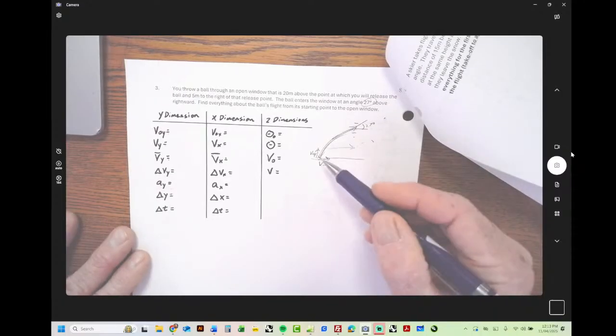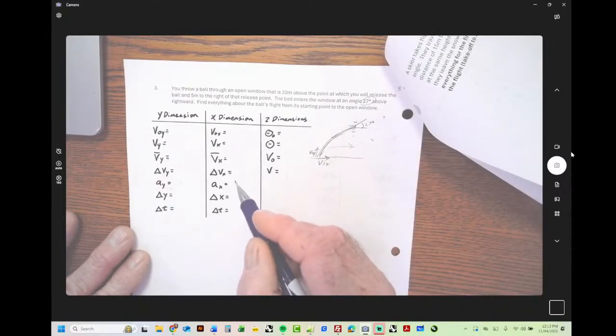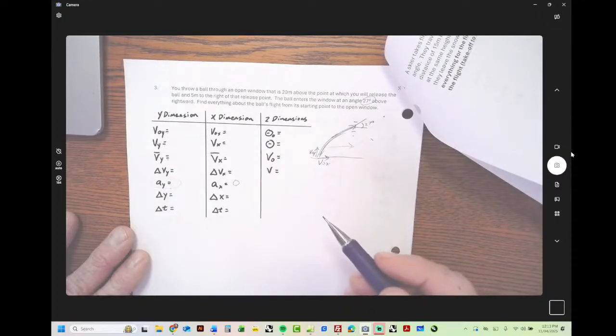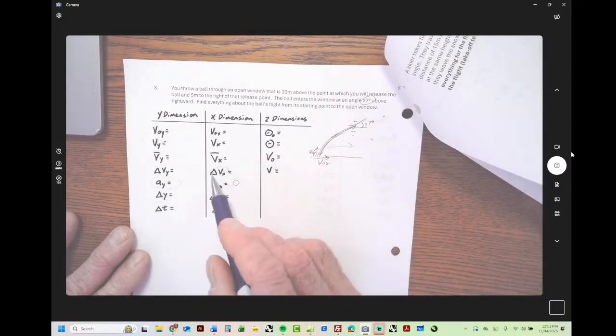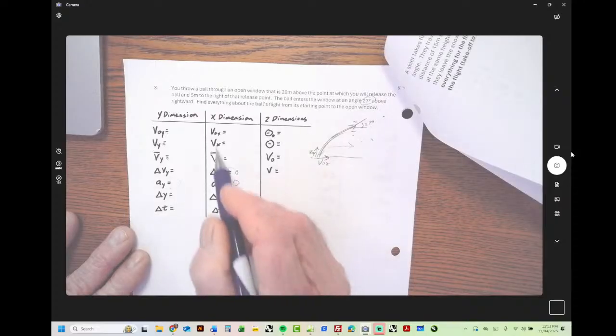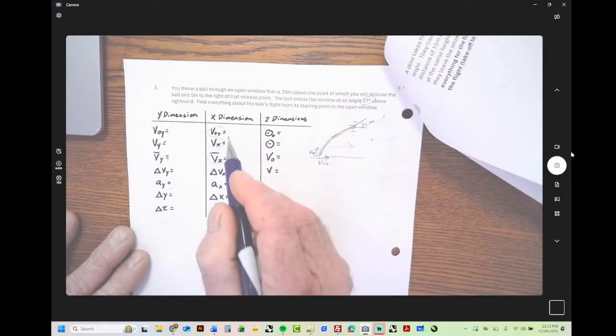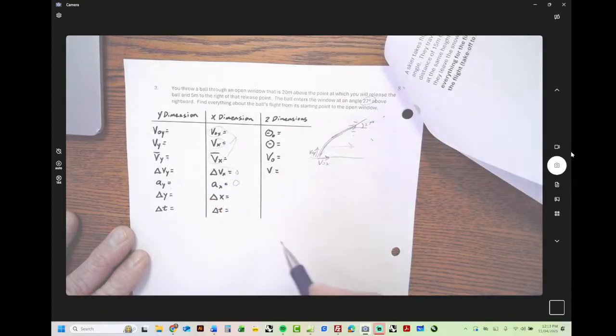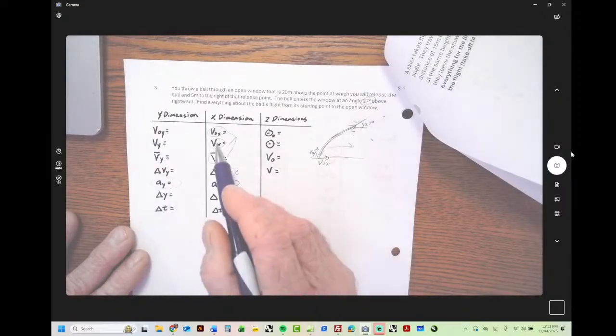Constant speed. So in the x dimension, the nice thing is the acceleration is always going to be 0, which means the change in velocity is going to be 0. And v0x, vx, and average x velocity, all three of those velocities are the same.